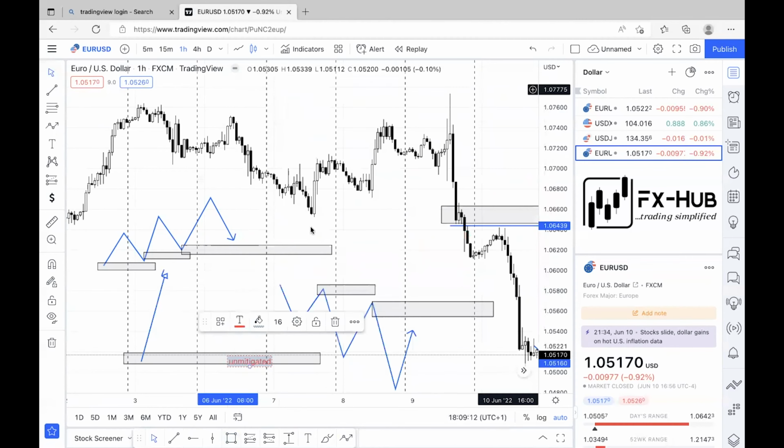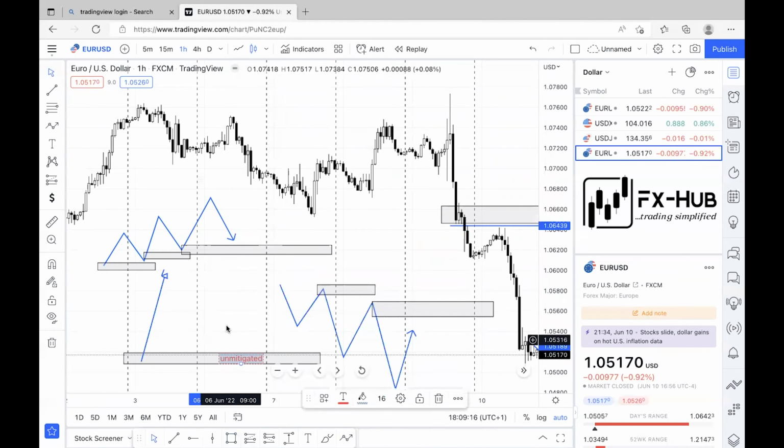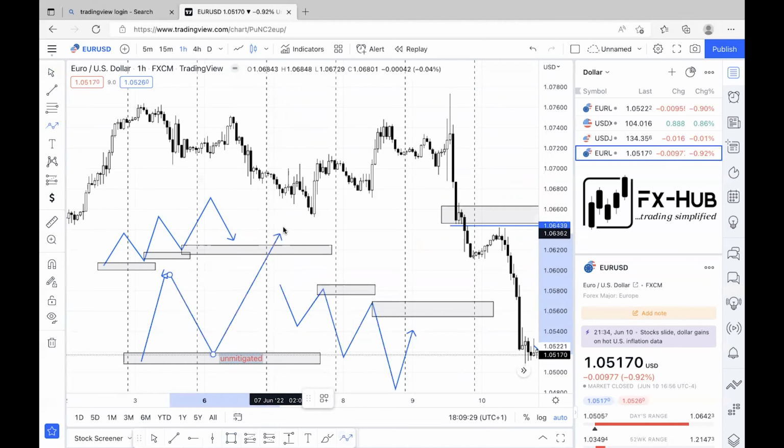So as far as price has not returned into the zone, we'll refer to it as unmitigated.